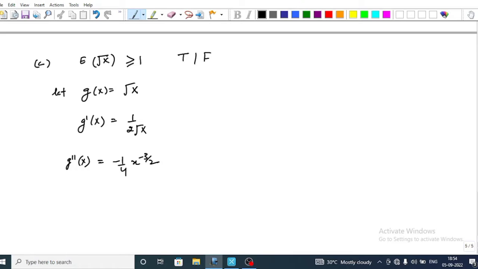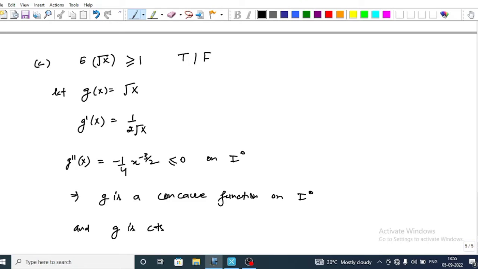This is less than or equal to 0 on I naught. This implies that g is a concave function on I naught and g is continuous function on I naught.